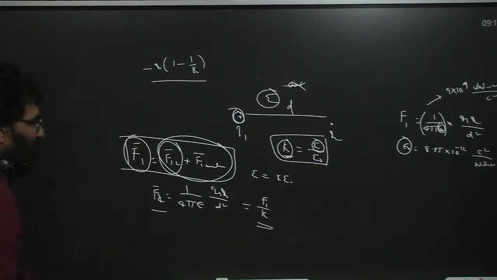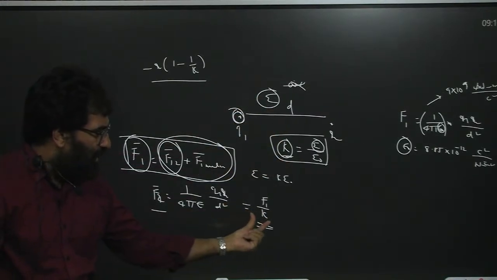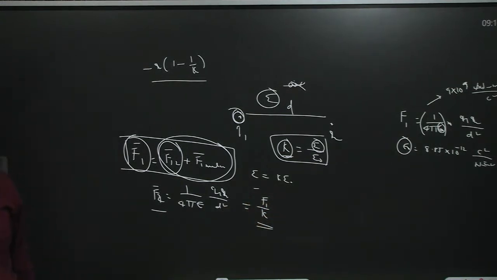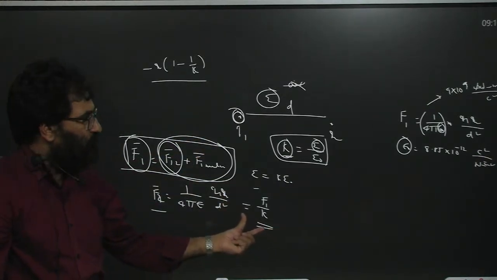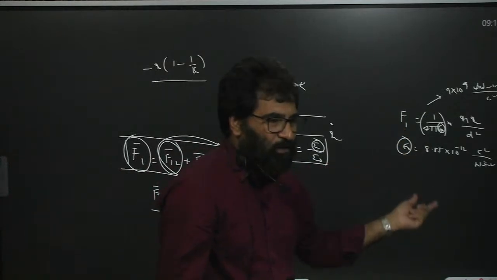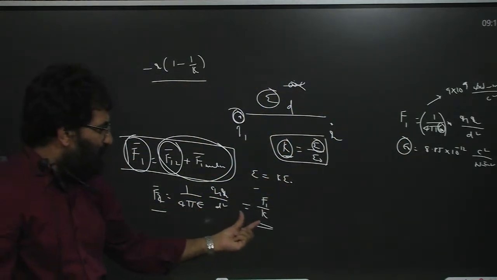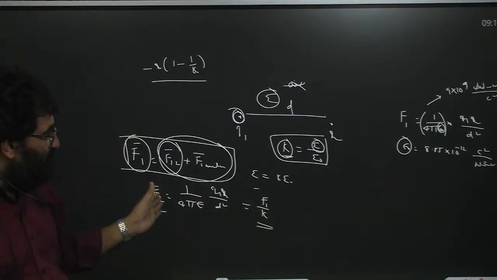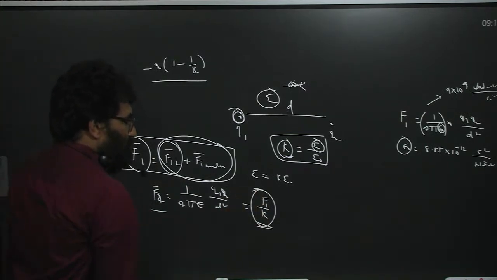So definitely when we replace with a different medium of dielectric constant k, the force is reduced to 1 by k times. Net force on any charged particle is reduced to 1 by k times. Initial force is F naught. When we replace the medium with dielectric constant k, it is F naught by k. So net force changes to F naught by k. You remember this one.